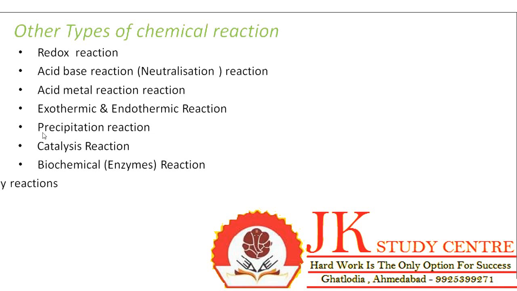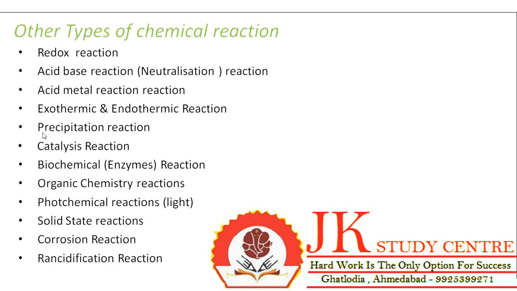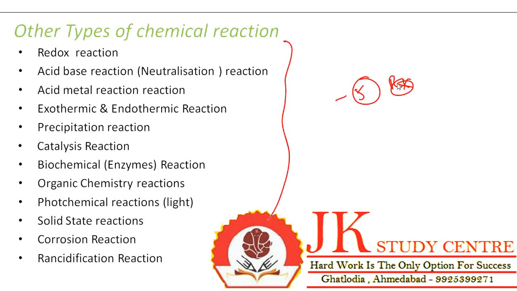Catalysis reaction, whether a catalyst is required or not. Biochemical reactions, organic chemistry reactions, photochemical reactions, solid state reactions, corrosion reaction. There are so many reaction types, but all of them will fall into the 5 reaction types which I have explained, right?